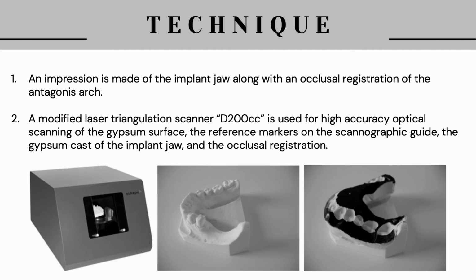First, an impression is made of the implant jaw along with an occlusal registration of the antagonist arch. Second, a modified laser triangulation scanner is used for high accuracy optical scanning of the gypsum surface. The reference markers on the scanographic guide, the gypsum cast of the implant jaw and the occlusal registration.